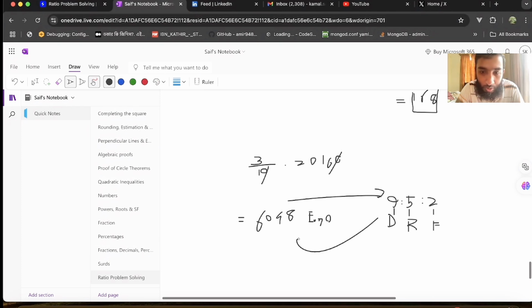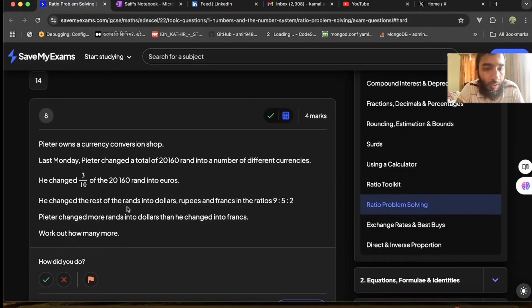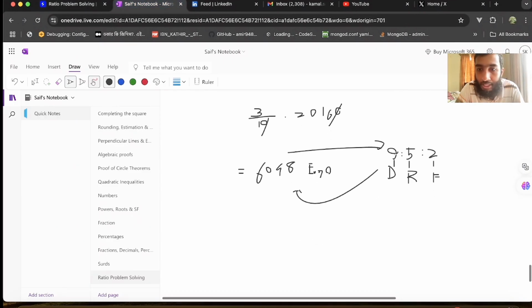So I have the ratio. This is the ratio of dollars, rupees and francs, and this is the total.